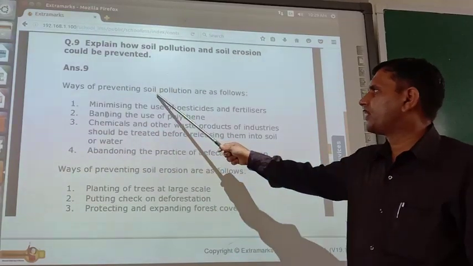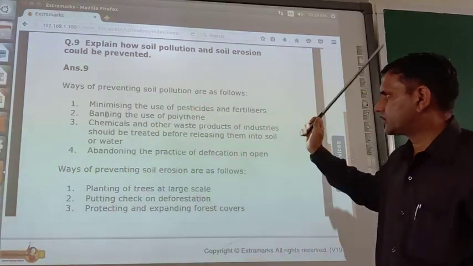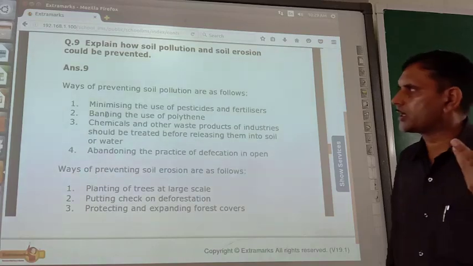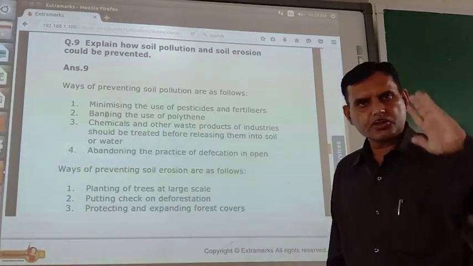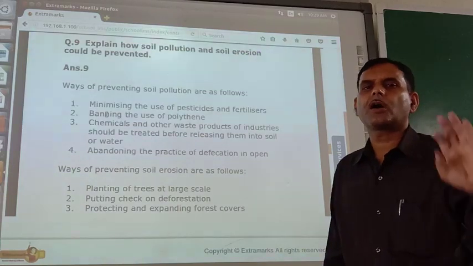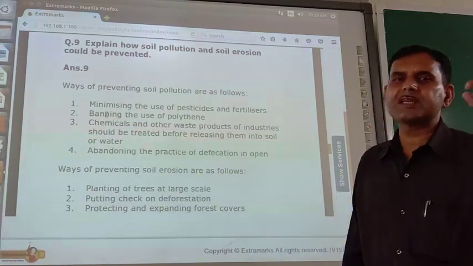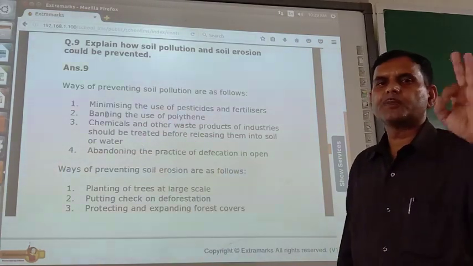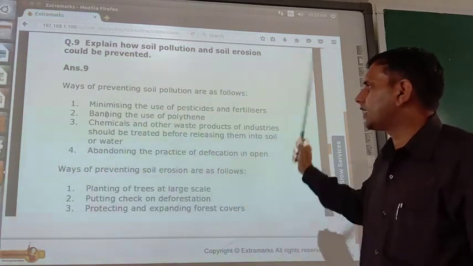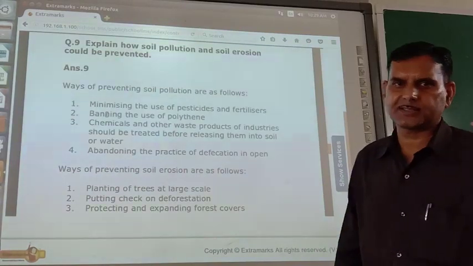So ways of preventing soil pollution are as follows. Just see, it is very easy. You understand that the soil is polluted because of the excess use of insecticide and pesticide. So the first one is we should minimize the use of insecticide, pesticide and fertilizers.